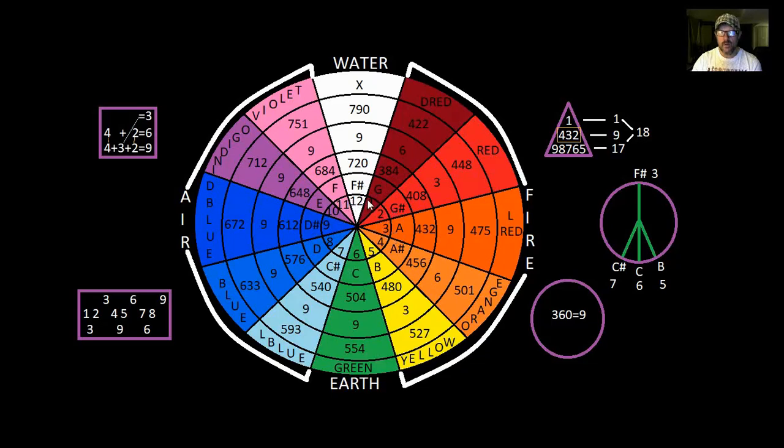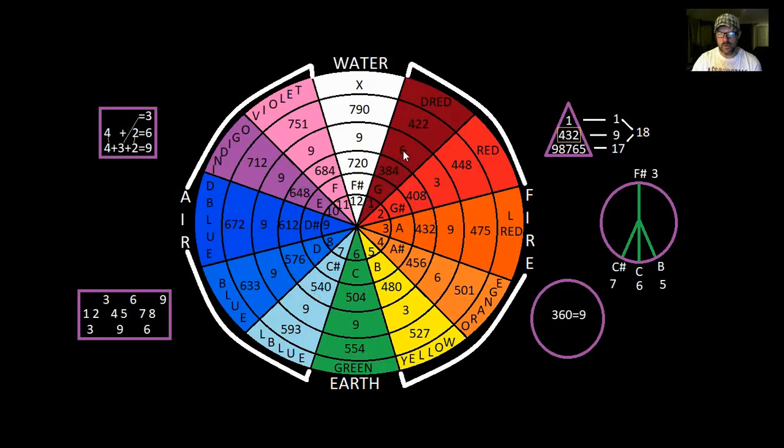Then we get out to the third partition of the circle, and you've got the actual tones. These tones are pure, perfect pitch tones. These tones are in perfect harmony with the other tones. So here are the tones right here.